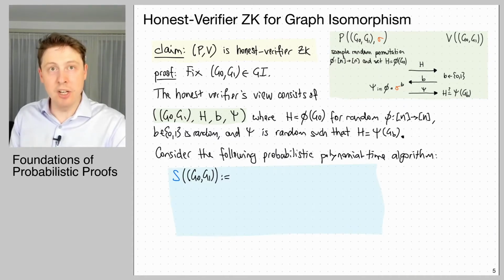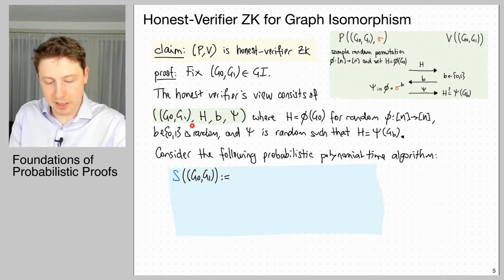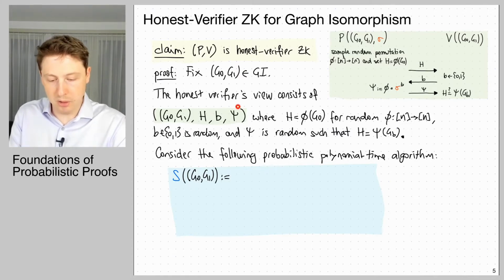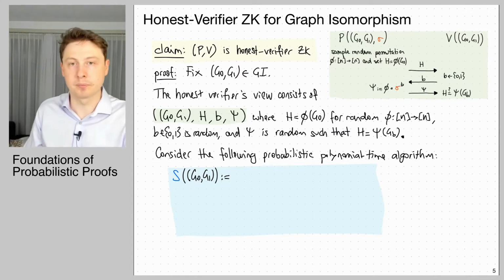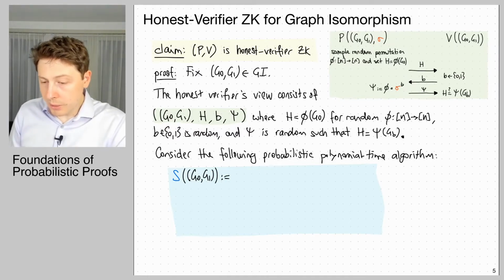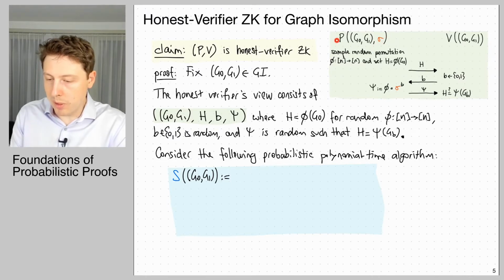Now, the definition asks us to exhibit an efficient randomized algorithm, namely a probabilistic polynomial time algorithm, that will produce this very same random variable without doing anything inefficient. So you just give me the graphs, and I need to produce all this stuff. Now, notice that the prover, when implementing this procedure, had sigma.